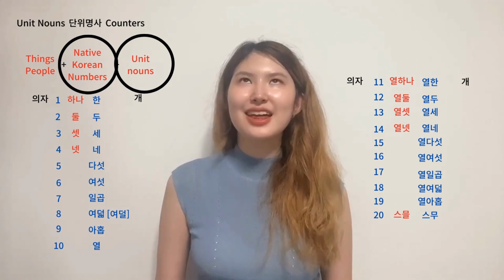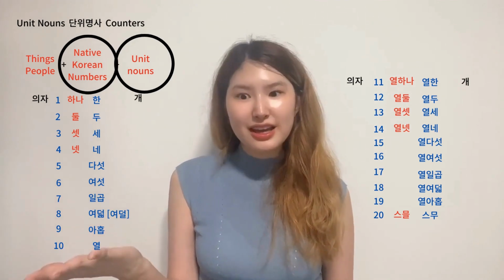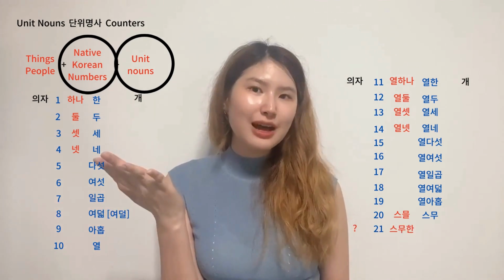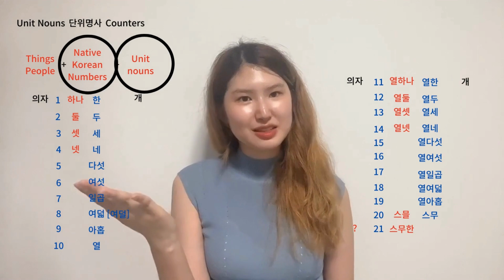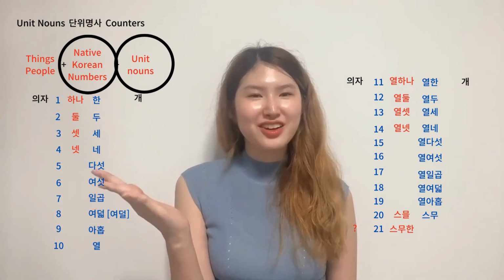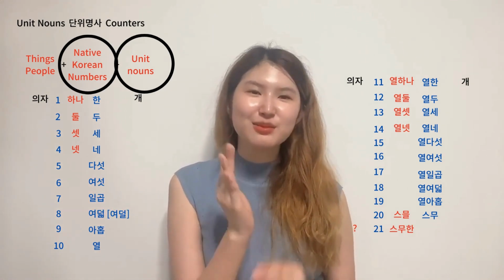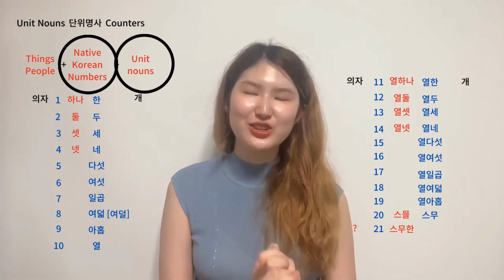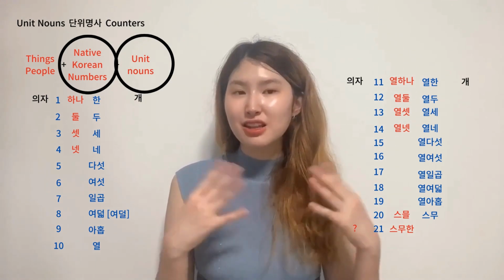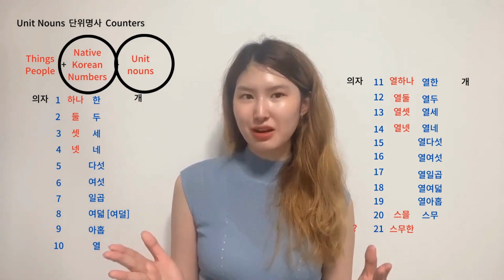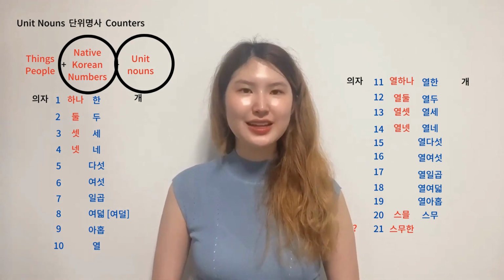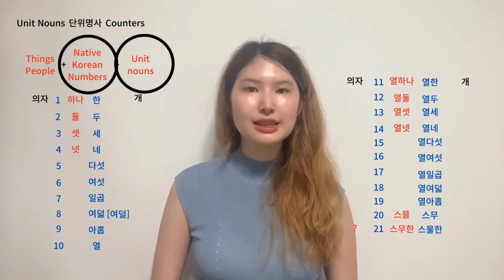But now you would think, oh, then it would be 스무한 개, the next one would be. However, it's not. I'm so sorry. But this is the last bit of this difficult part. So it is 스물한 개.